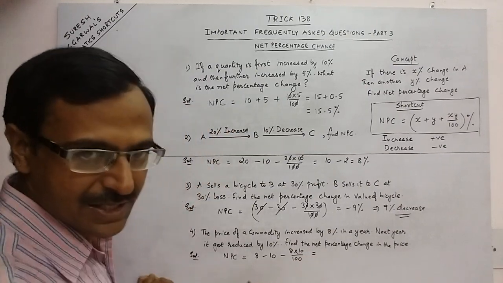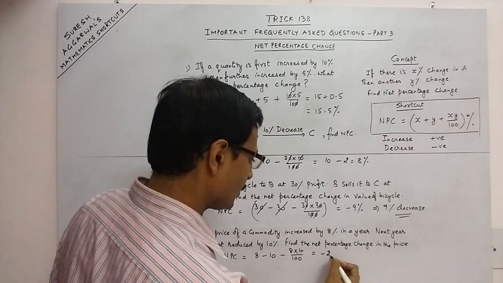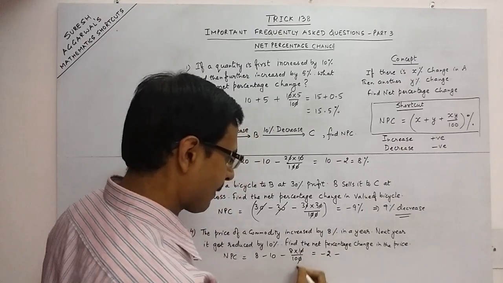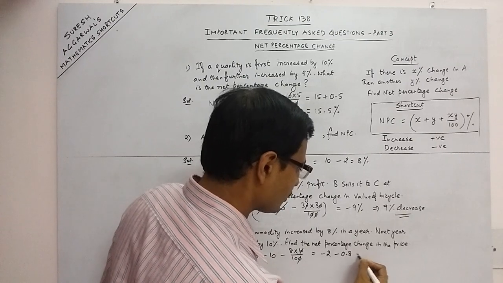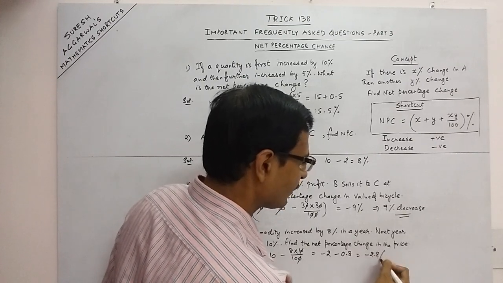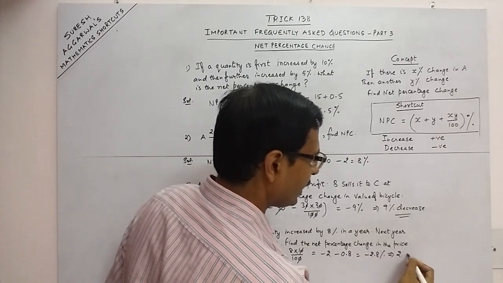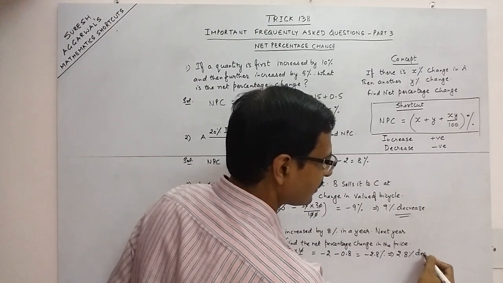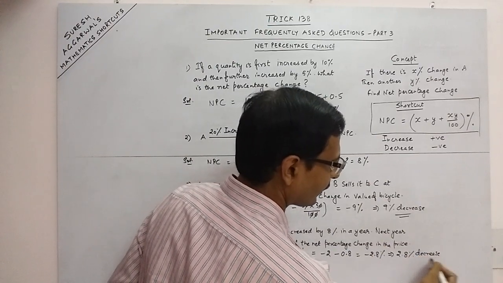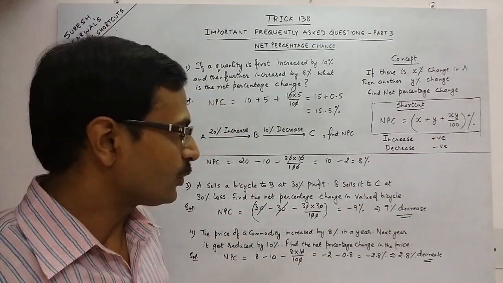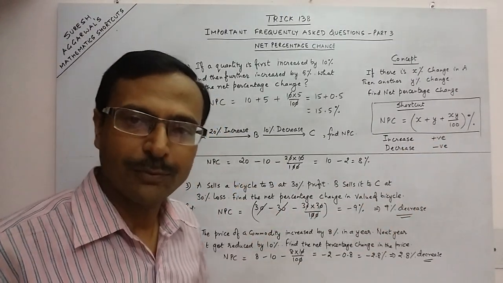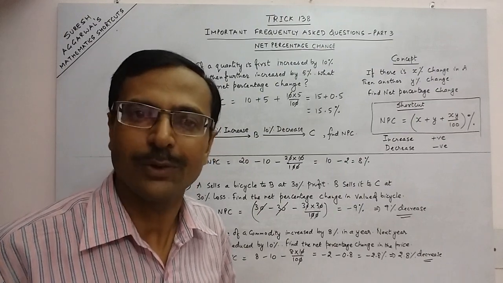So 8 minus 10 is minus 2 and minus 8 upon 10 is 0.8. So minus 2.8%, that means 2.8% decrease. The knowledge of this shortcut will enable you to solve this problem in a matter of 4, 5 or 6 seconds only, depending on your speed.